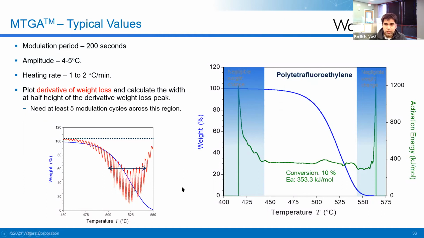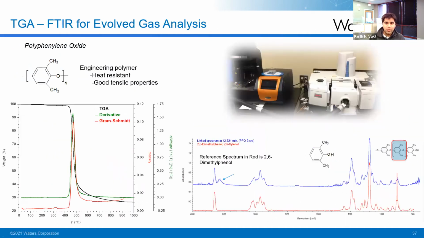And then to close up for this quick but insightful seminar, I want to talk about what else you can do with the TGA. So TGA instruments can sometimes be connected to other instruments to do evolved gas analysis. So what I mean by that is you could take a TGA and hook it up to a gas cell FTIR system or a GCMS system, or both.